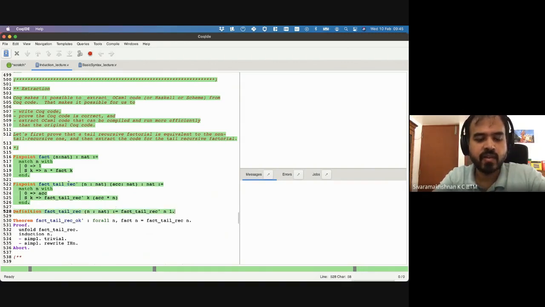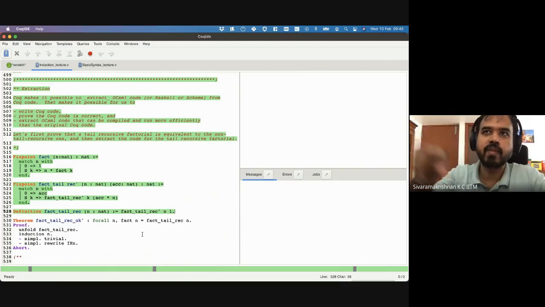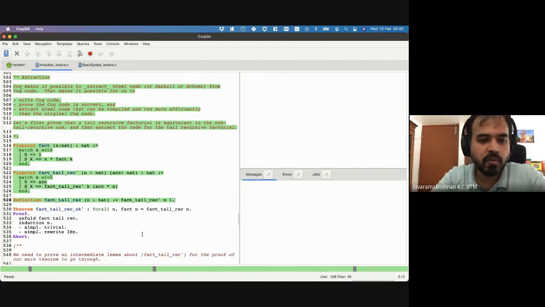So that if n is 0, then you get 1. Otherwise, you keep multiplying in the accumulator and you get the result out finally. So what we want to show is that for all n, factorial of n is the same as factorial tail rec of n.